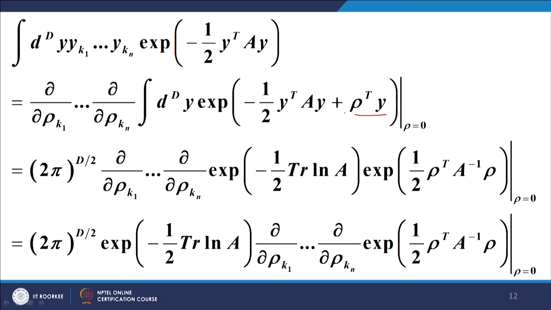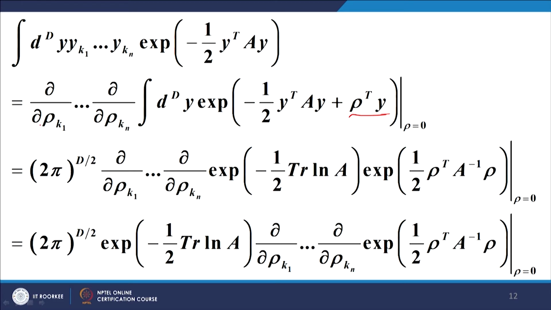So, instead of writing y k 1 here, I have introduced an additional factor in the integral. Later it will be called the source term, but for the moment you can treat it as an additional factor.